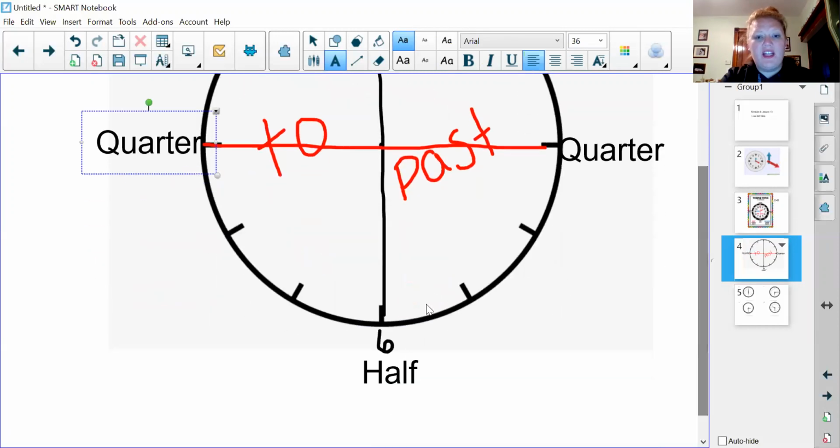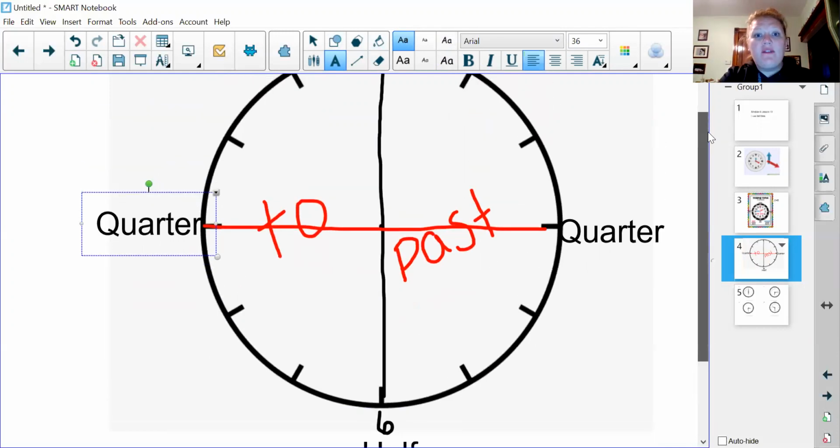When it's the half point, we can fold our clock in half and have 2 sections that are the same, or we can fold our clock in half and then in half again and make 4 sections. And those are called quarters. When you have 4 sections, it's called quarters. So this is quarter past and quarter to.